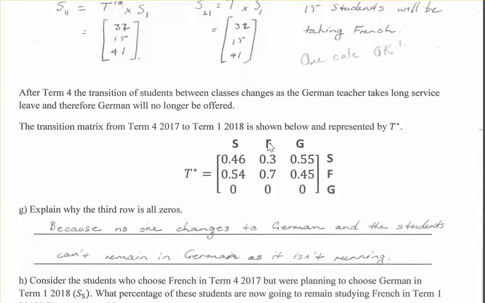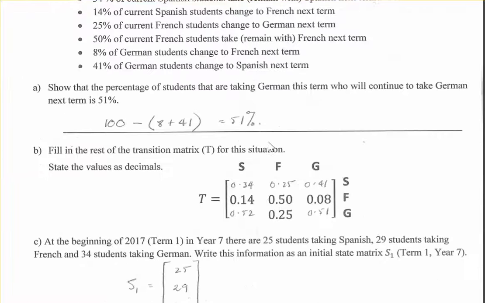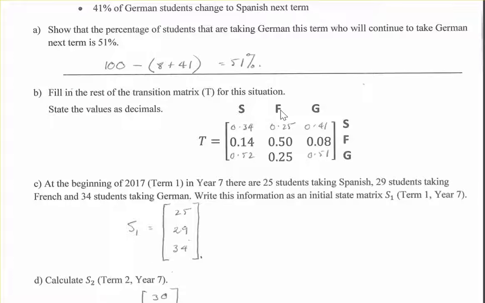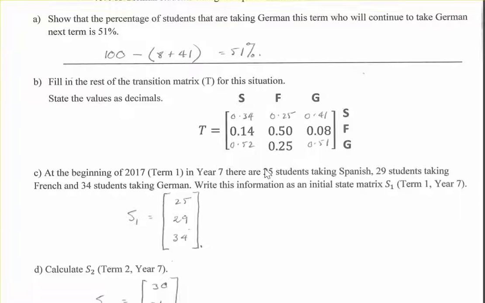So if I was studying French this term, what's my chance of studying German the next? There's a 25% chance. So 25% of the students that were studying French in term 4 2017 were intending to study German in 2018. Well, German's no longer offered in 2018.